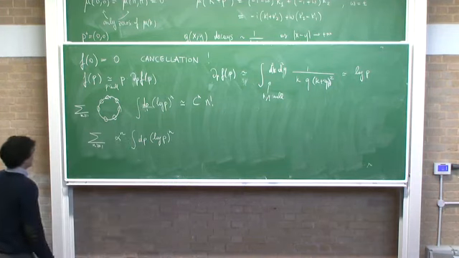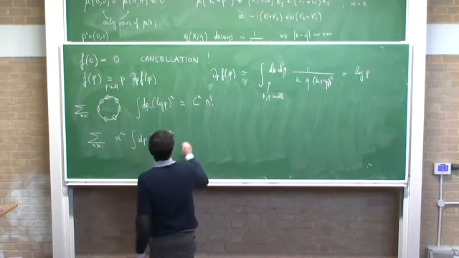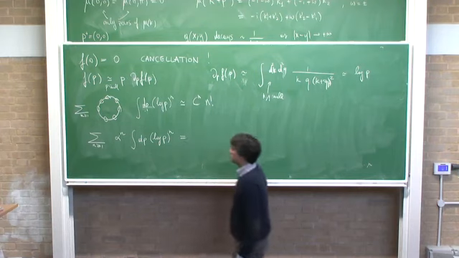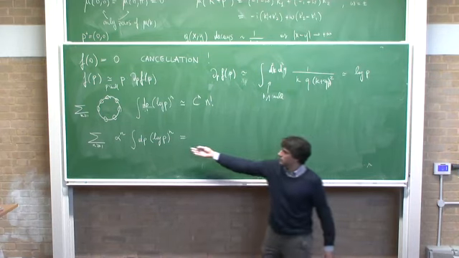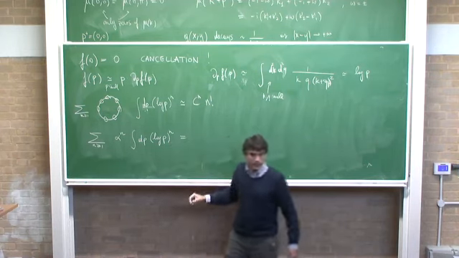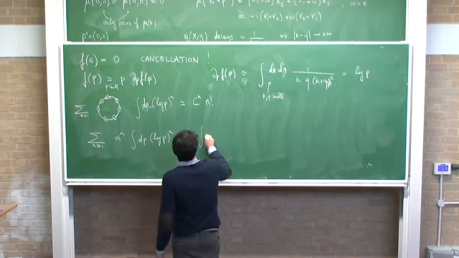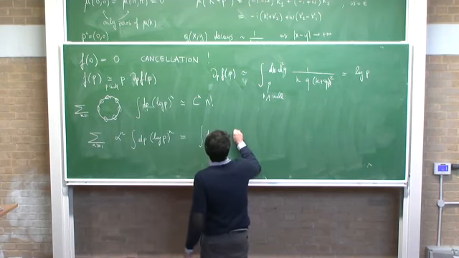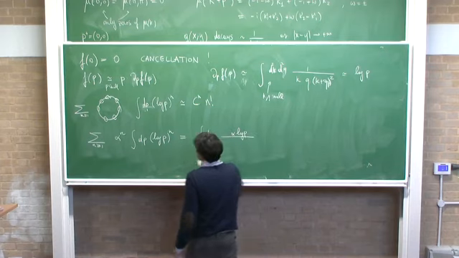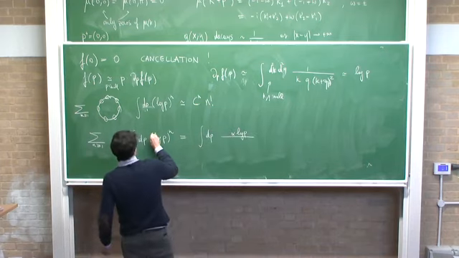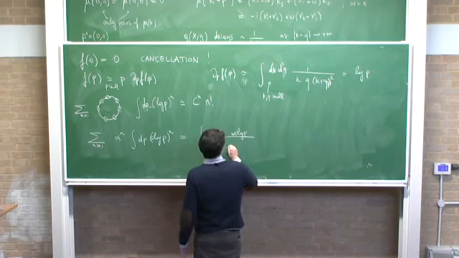Now, if you proceed blindly, you say, okay, this is a geometric series. I resum it, and this is alpha log p. Of course, there will be a constant. I'm not writing the constant properly.